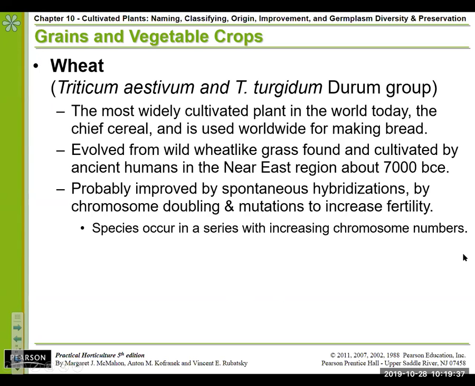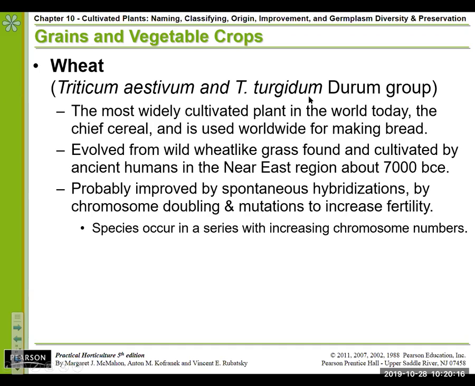And we believe that it was improved likely from spontaneous hybridization. So two different species, Triticum aestivum and Triticum turgidum, were likely to have crossed through just cross-pollination. Wind carried that pollen over, it fertilized them, it created a hybrid variety. The chromosomes doubled, and then mutations caused it to increase fertility and you lose that shattering characteristic. So those grains were held on the plant.